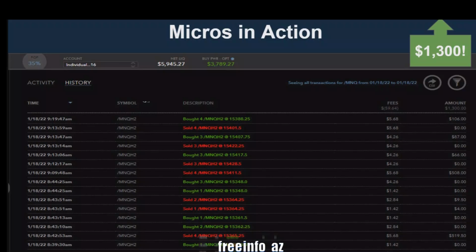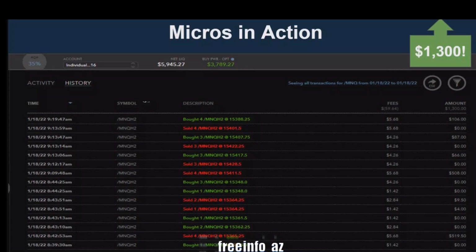So, micros in action. One of my things that I like to do is be in and out of trades pretty quick. On a fast, super volatile day, I can have up to 15 or 20 trades, and I can break my own personal record.